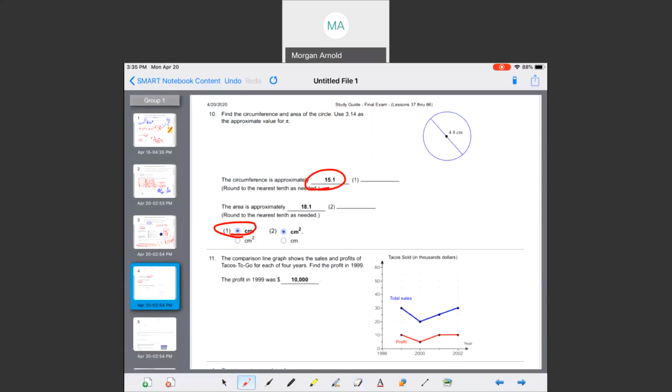Next, find the area. And we only have one basic formula to find the area for a circle. And that is A equal to pi r squared. The one thing we're missing, we need to find is the radius. So to find the radius, you just take the diameter and divide it by 2. So our radius is 3 point, excuse me, I'm sorry.